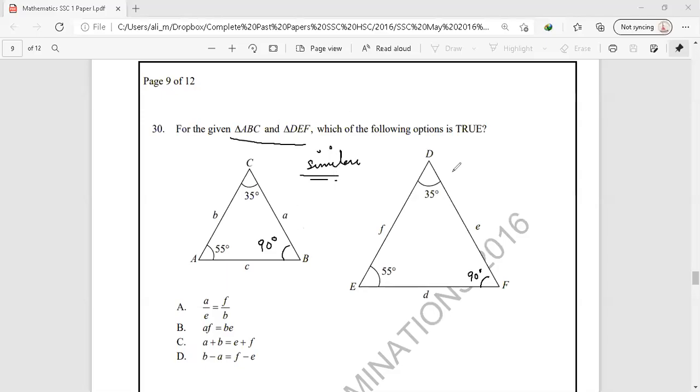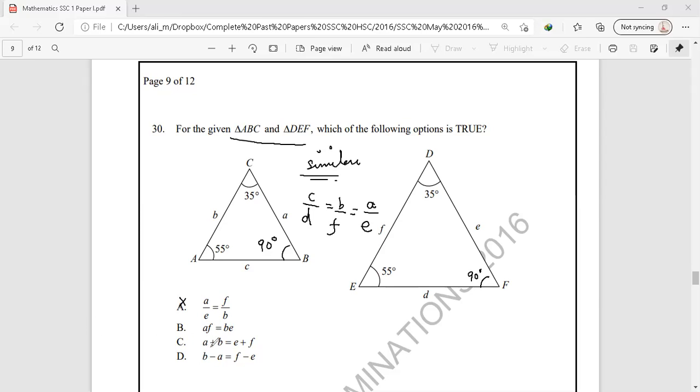So let's make the ratio of the sides of this triangle: the ratio of side C with side D, the ratio of side B with F, and the ratio of side A with side E. Okay, so here we have A over E is equal to B over F. As we can see, A over E is not equal to F over B, rather it is equal to B over F. So this is the incorrect answer.